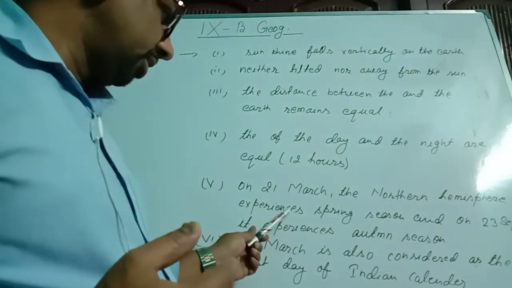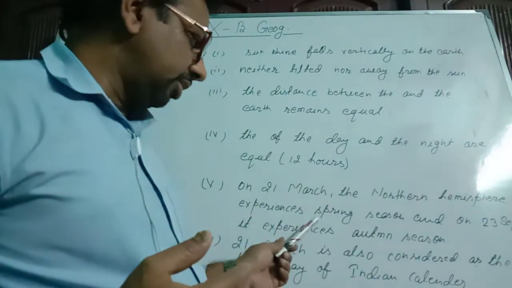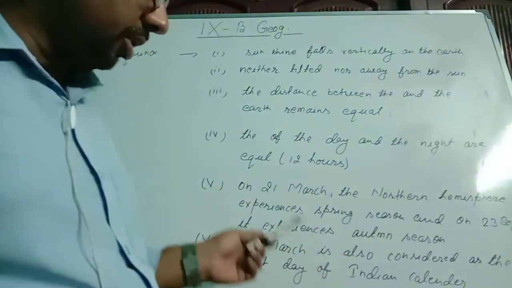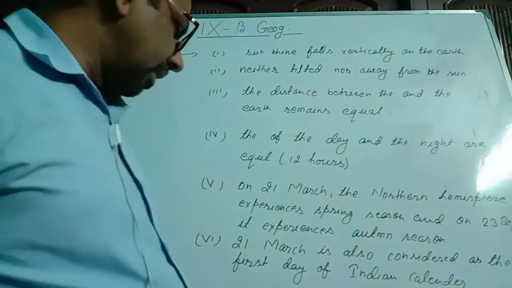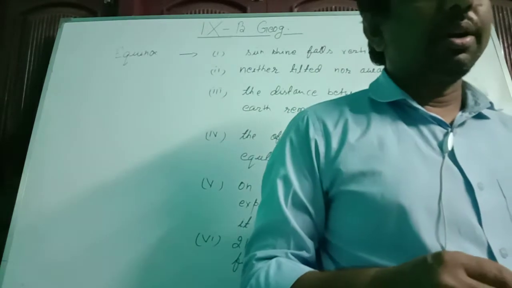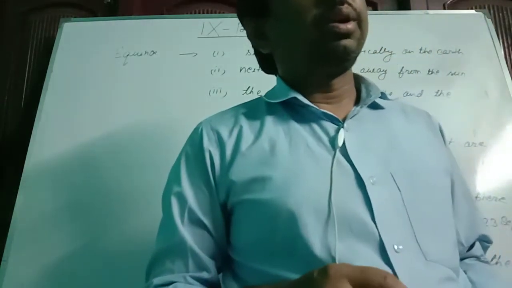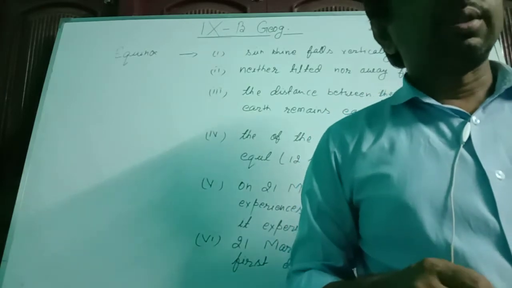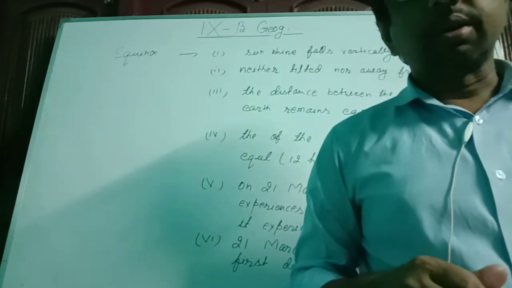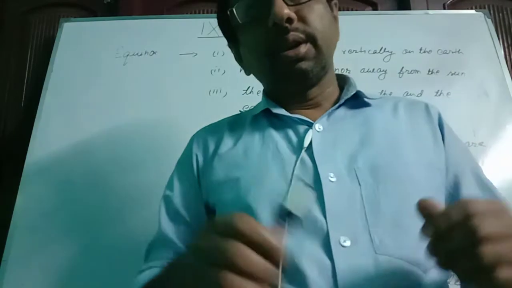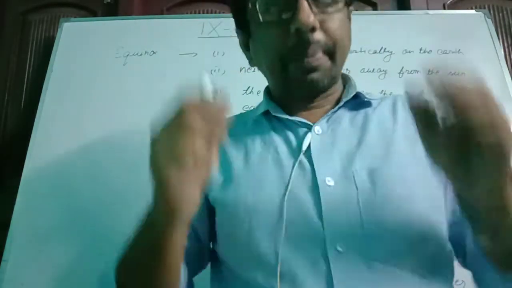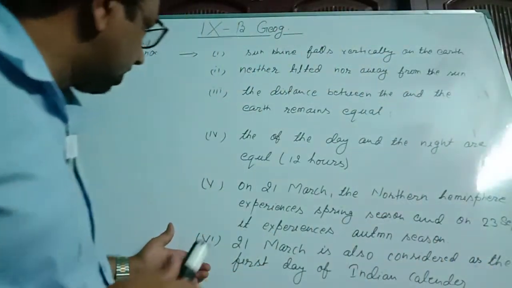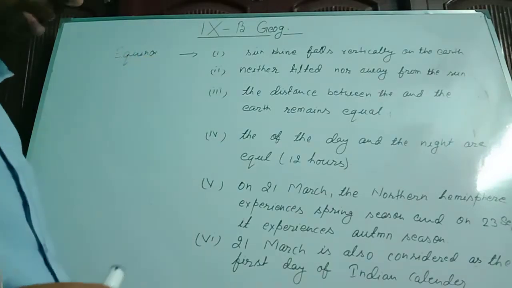And number 6, in the Indian calendar, 21st March is also considered as the new day or the first day of the calendar. So these are the 6 features of equinox.